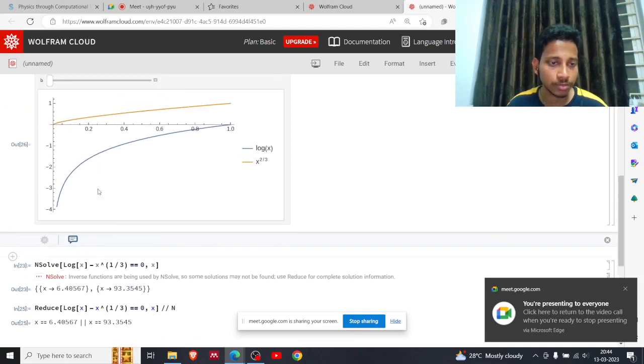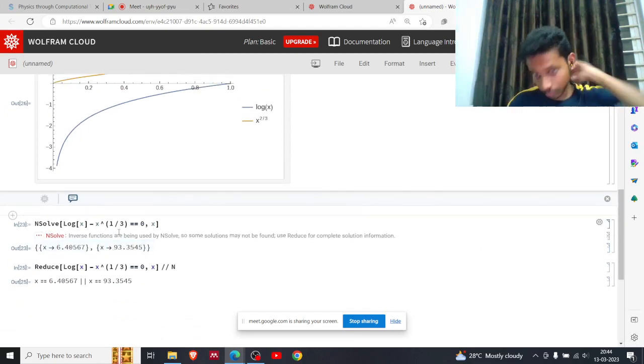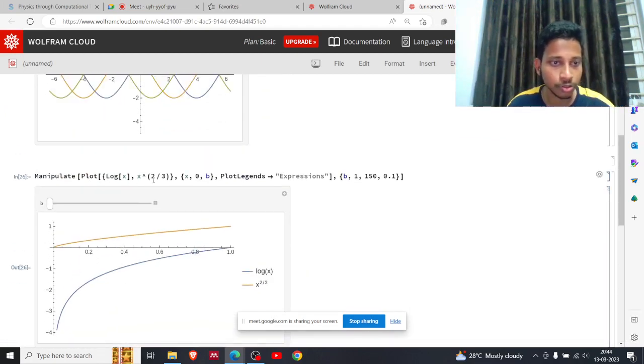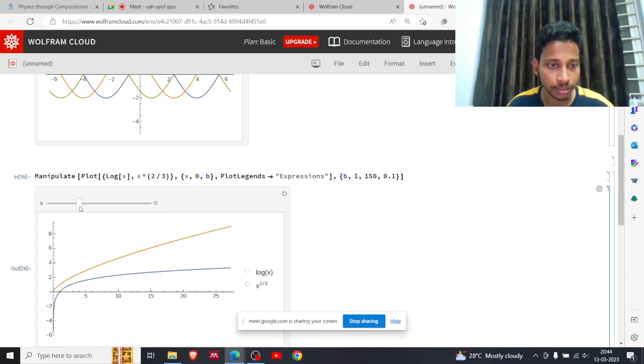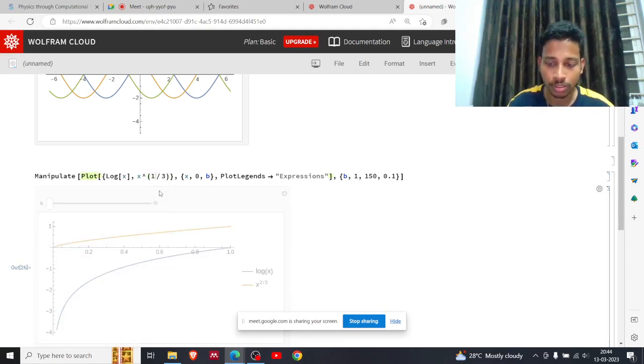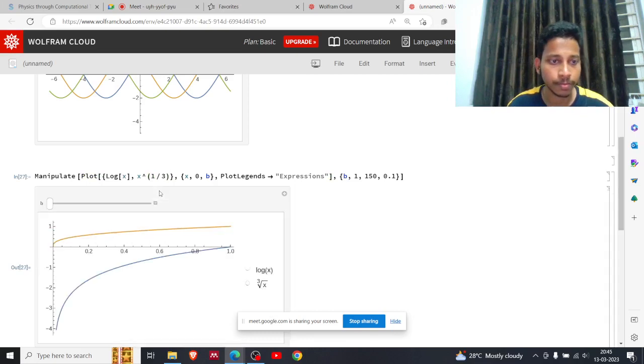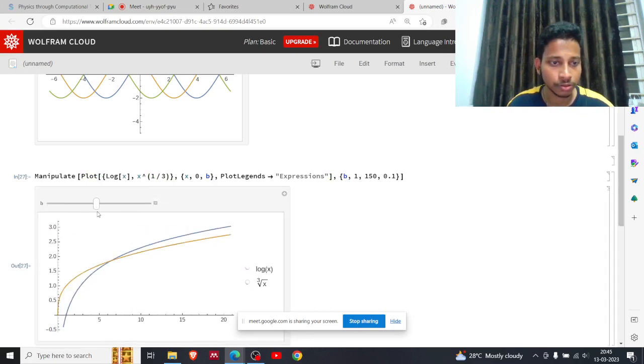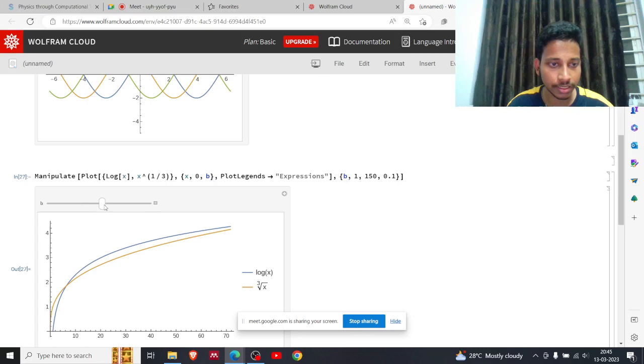Okay, so when we are trying to find the value of the intersection, we are trying to find the intersection, right?